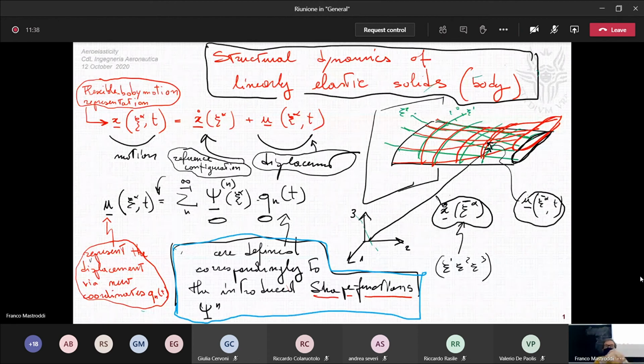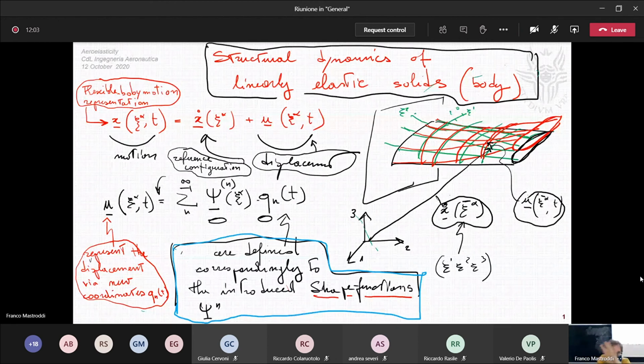But the most useful and famous choice for this material coordinate is the following. Take the Cartesian position coordinate at the initial position for the body, so at the undeformed configuration, and take this as reference material point.